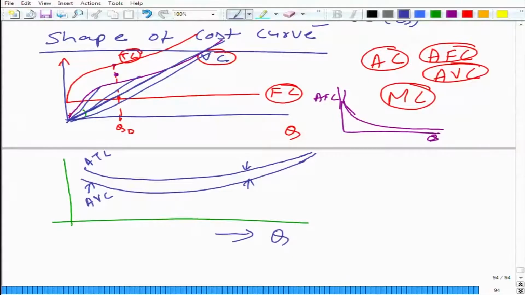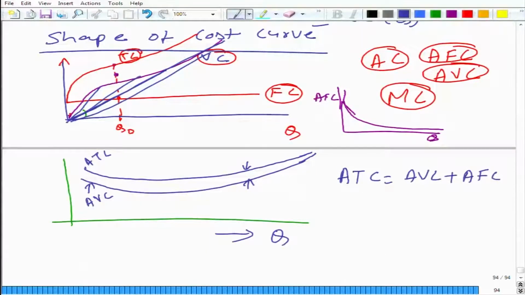It is decreasing. Remember, average total cost is average variable cost plus average fixed cost, and average fixed cost is decreasing, moving towards 0 as Q increases. So as we increase Q, the difference between these two curves diminishes.